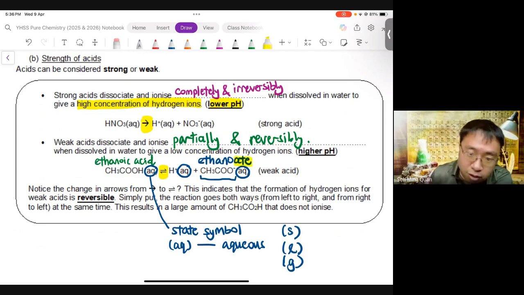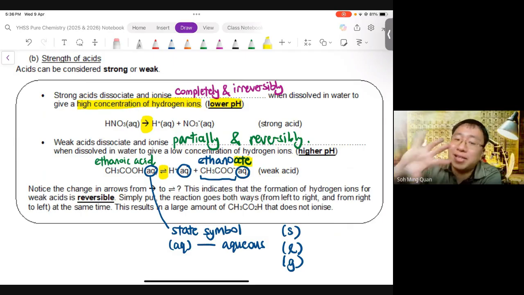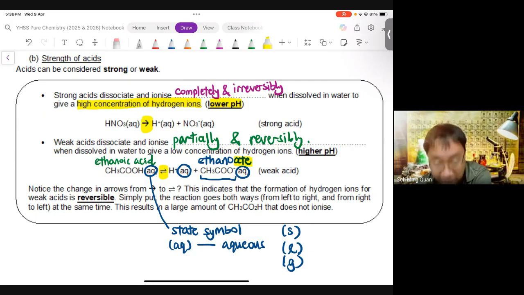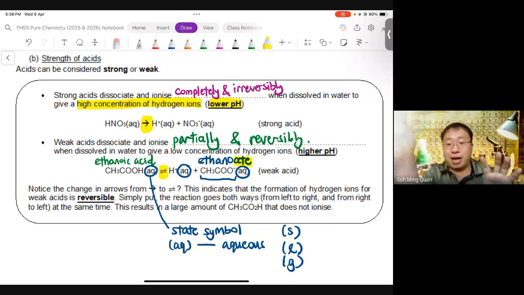The name of the anion will somehow follow the acid. The acid is called ethanoic acid, therefore ethanoate ion. If it's nitric acid, nitrate ion. Sulfuric acid, sulfate ion, which is why learning the names of the ions and their formula is so crucial.